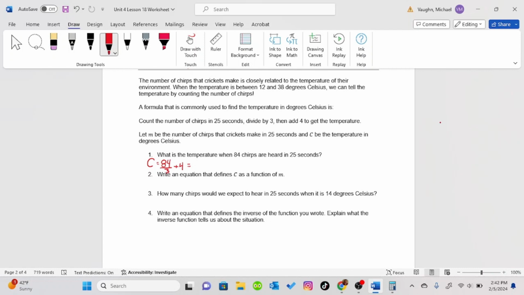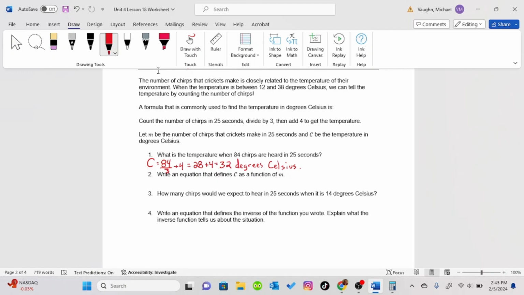So now 84 divided by 3 equals 28, and 28 plus 4 equals 32. And this 32 references C, which is 32 degrees Celsius.